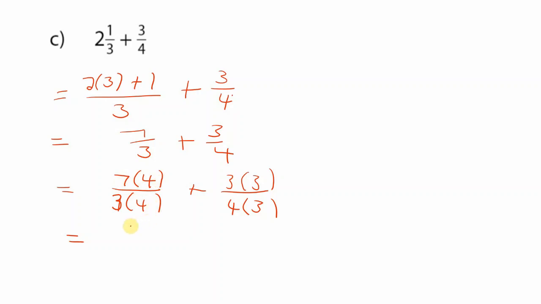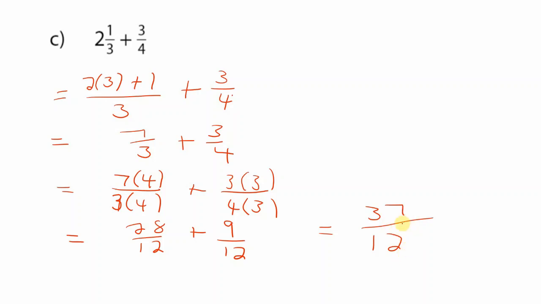So 7 times 4 is 28 over 12. 3 times 3 is 9 over 12. Now we can add, since the denominators are the same. 28 plus 9 is 37.